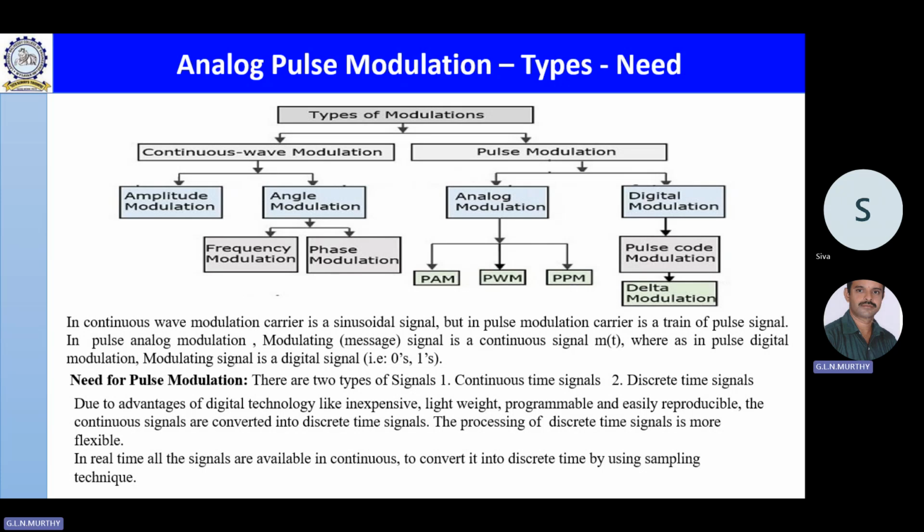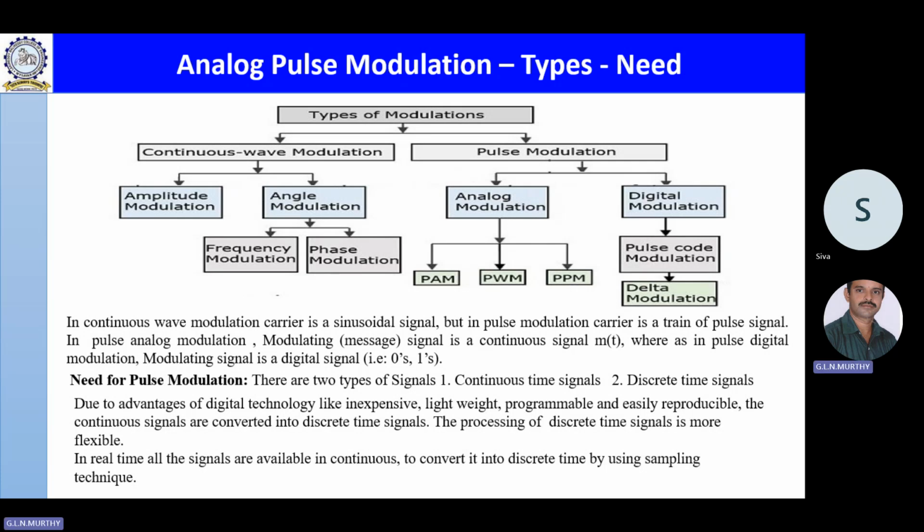Now the question comes: when so many continuous wave modulation techniques exist, why pulse modulation? Before I elaborate why, let us know the definition of pulse modulation. Pulse modulation is defined as the process of changing some parameter of a periodic pulse waveform in accordance with the instantaneous value of the message signal.